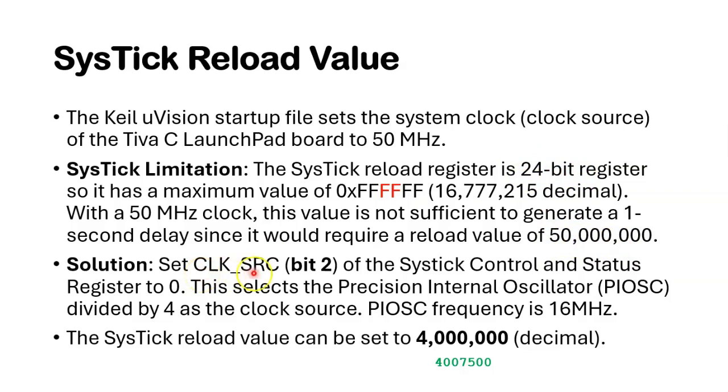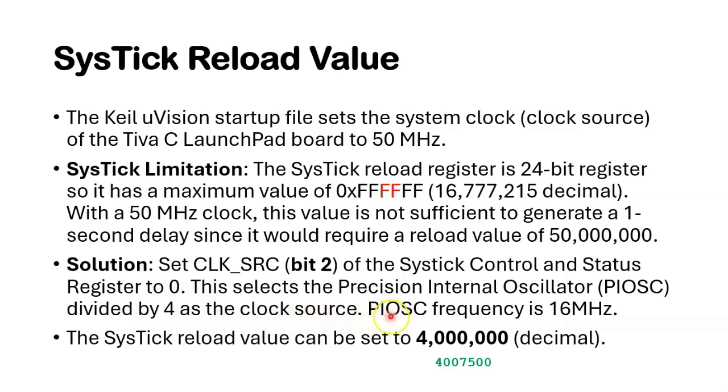So the solution is to set bit 2 of the SysTick control and status register to 0. Bit 2 is the CLK_SRC bit. All right, so we need to set this bit 2 to 0. What effectively that will do is select the precision internal oscillator, or PIOSC, divided by 4 as the clock source.